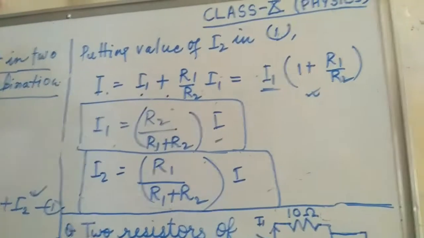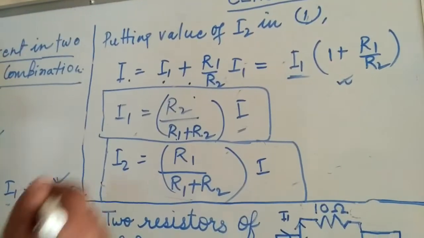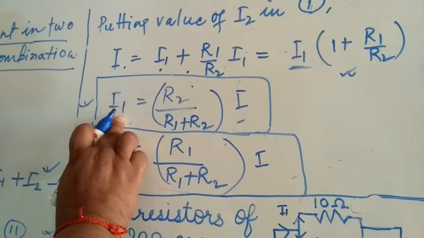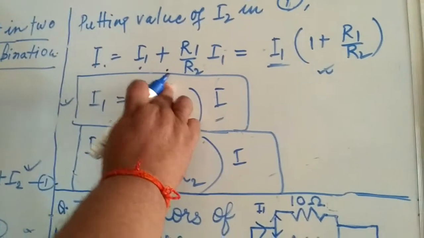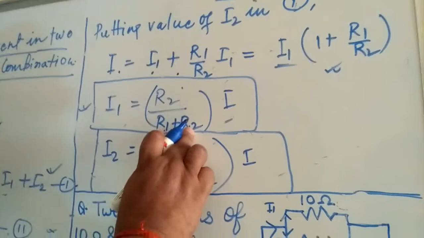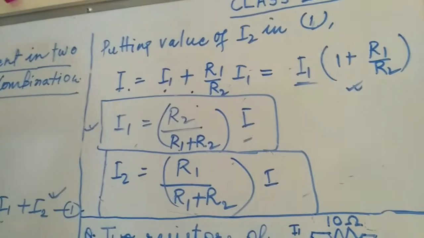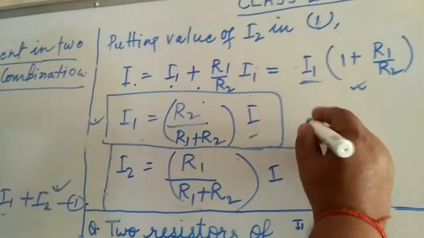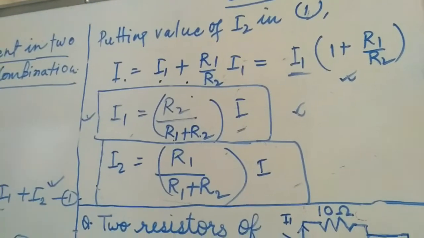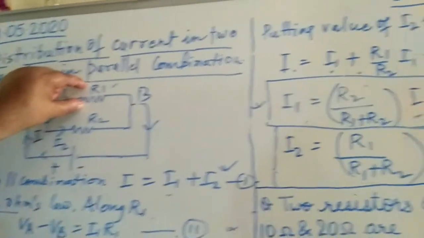When we simplify it, we get the formula I1 is equal to R2 by (R1 plus R2) into I. This is the formula for current along R1.